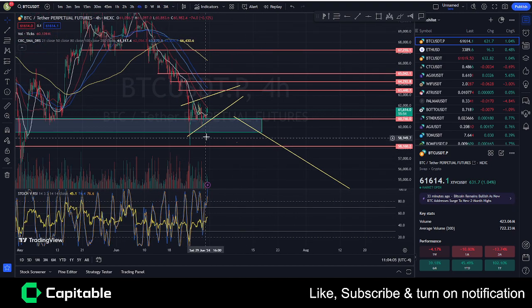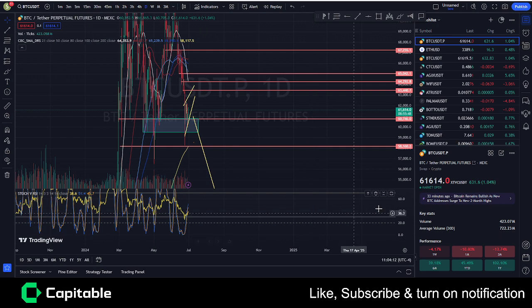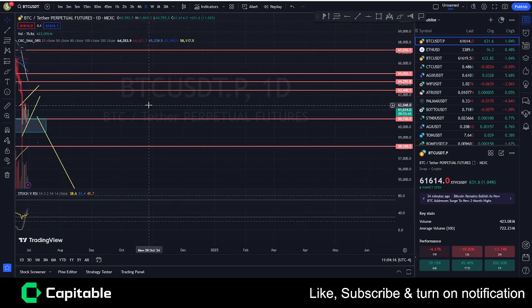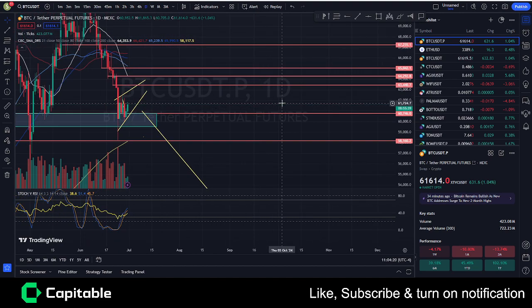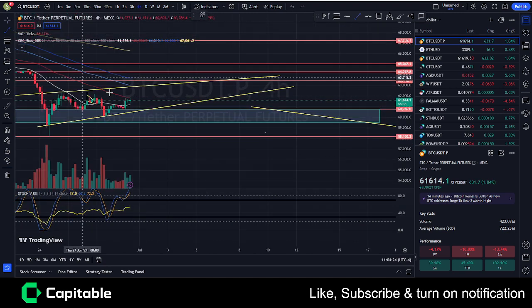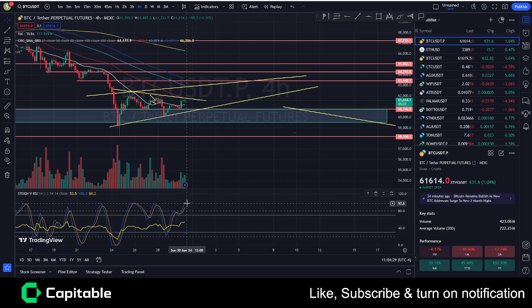And so we are still in this flag, with very high stochastics on the 4-hour. On the daily, we're trying to recover, but if this turns, we'll get to that in a bit. Right now on the 4-hour we're going to have this symmetric triangle, and very overbought, so that means we're going to go to the bottom of this trend line.